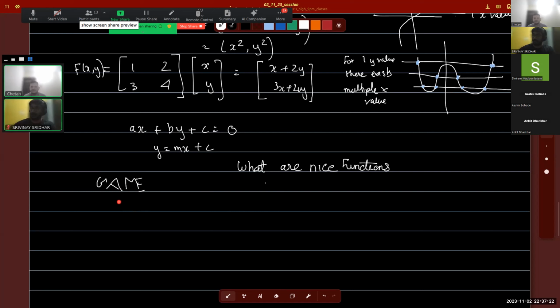You can ask him the output for only two inputs, and you'll have to guess what the function is. It will be a linear function in two variables. So just give him two inputs. He'll give you the output for those two, and you have to guess what the function is. That's the game.